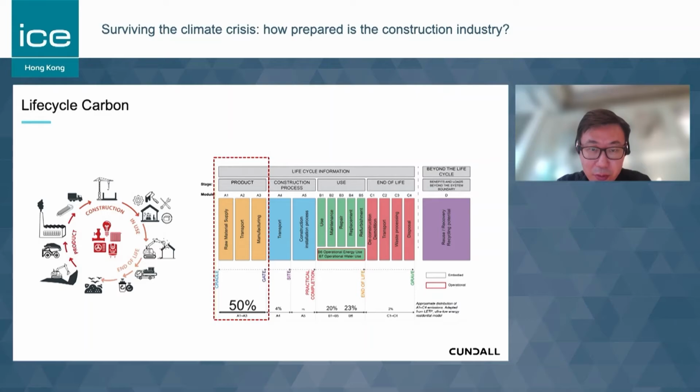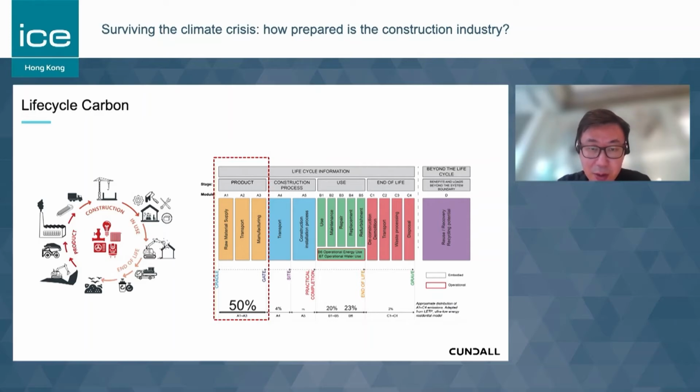This diagram my colleague also showed earlier presents in which phase the embodied carbon is contributed and how much. As you can see, the front phase, generally the design phase, contributes almost 50% of the whole life cycle embodied carbon. It's very significant.